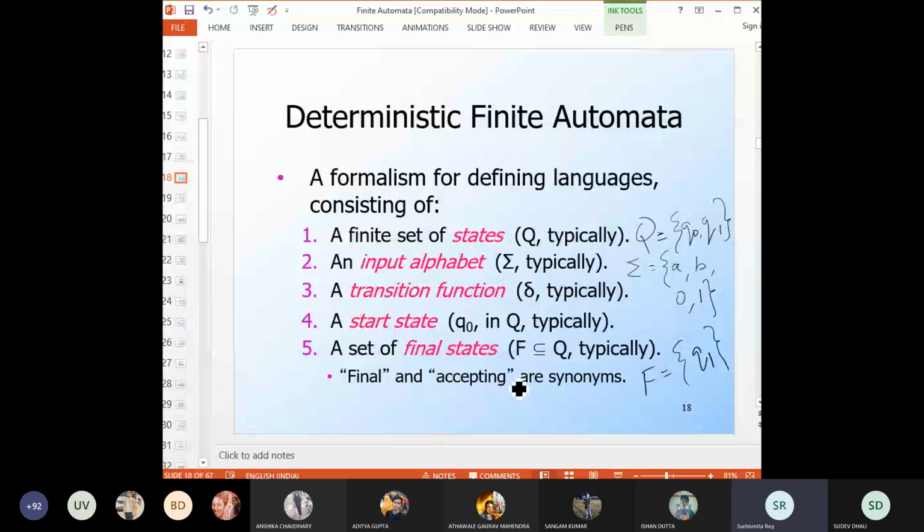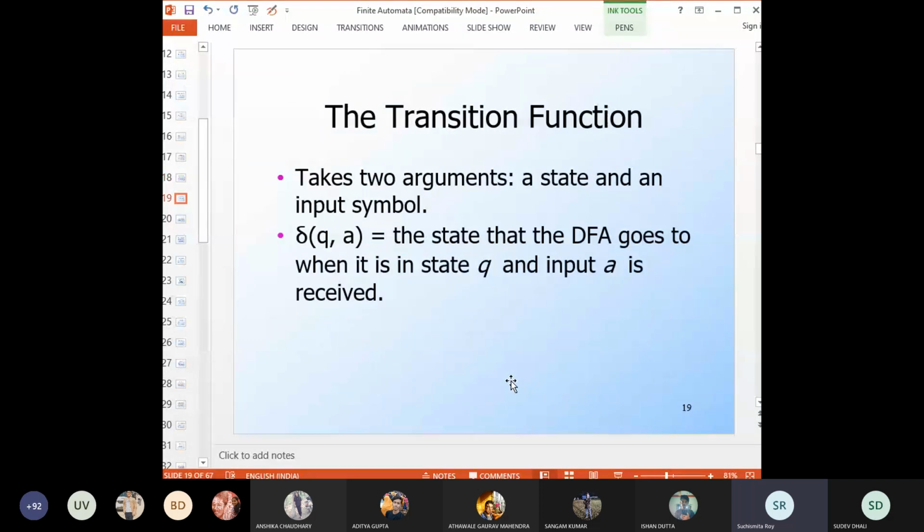Now, how do we represent the transition function? What we are looking at is basically the mathematical definitions of something that we already know very well, what a finite state machine or finite automata is. This transition function takes 2 arguments. It's a function. I hope you remember how you define a function. It takes 2 input arguments, which are a state and an input symbol.